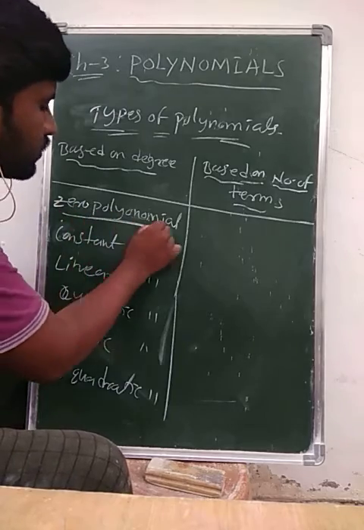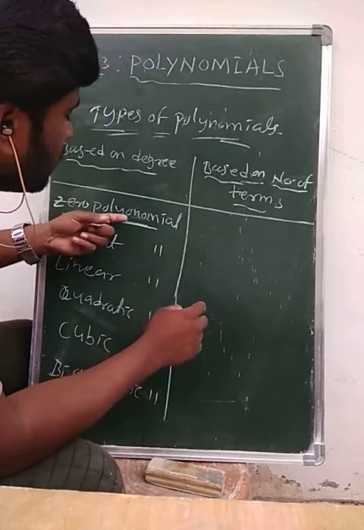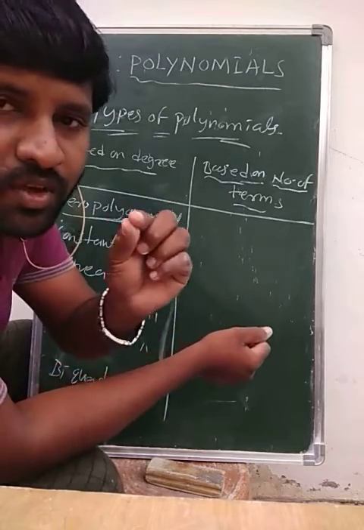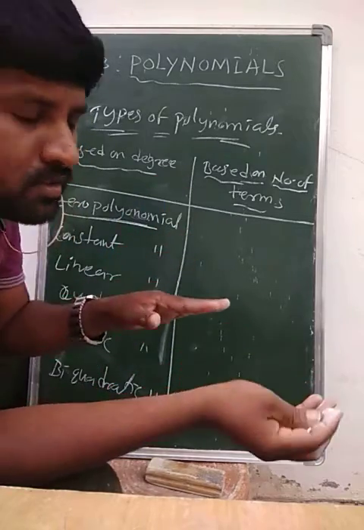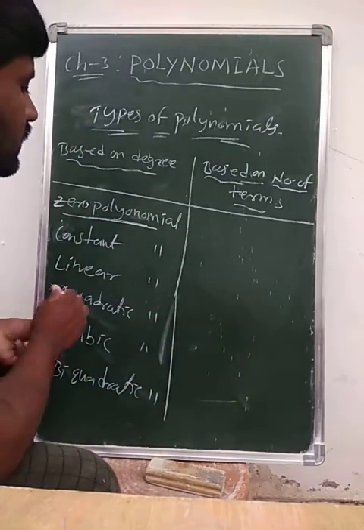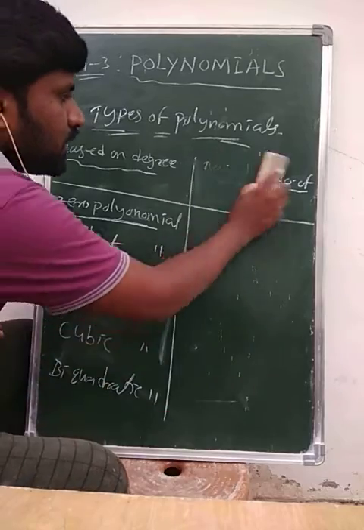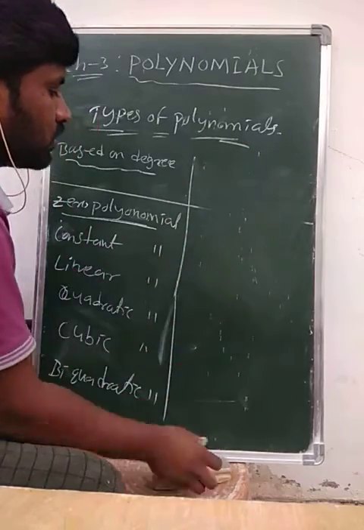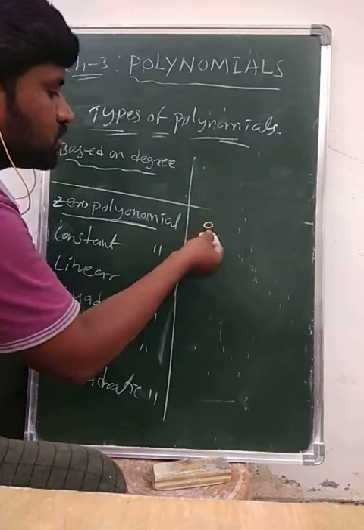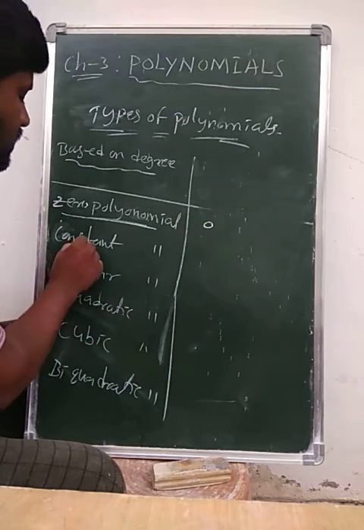What is zero polynomial? Just now I said zero polynomial means the degree of a polynomial is not defined. That is called zero polynomial. The example is 0.